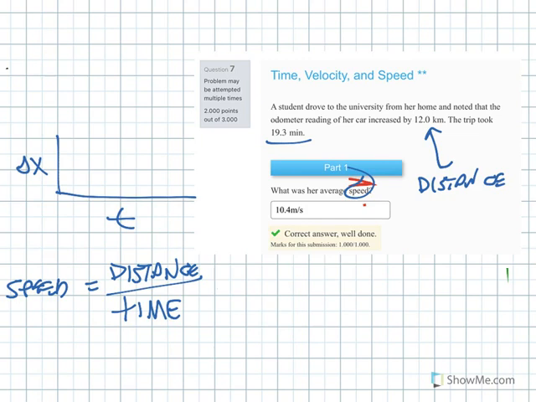If you look at this graph right here, there's this thing called slope, right? Slope, rise over run. Usually it's delta y over delta x if it's a y versus x graph, but here it's x versus t, but it's always rise over run.